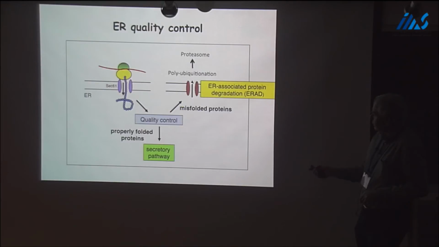So it will move across the ER membrane in the reverse direction, which is why we call it retrotranslocation, will then be polyubiquitinated on the cytoplasmic side, and eventually be degraded by the proteasome. This is the process I'm going to talk about. It's called ER-associated protein degradation, or ERAD.